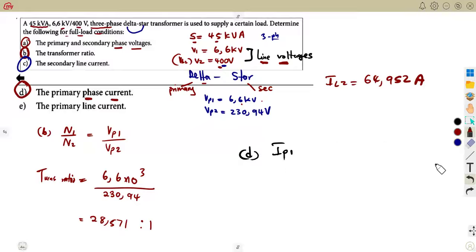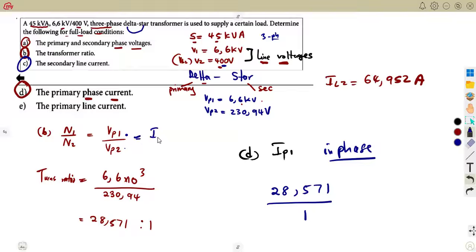We are in a phase, and in a phase, we understand the relationship does not change. From the turns ratio that we got, it follows that 28,571 over 1, which is our turns ratio, must be equal to VP1 over VP2. In terms of the currents, it must be IP2, the secondary, over the primary, considering the phase, like I said.